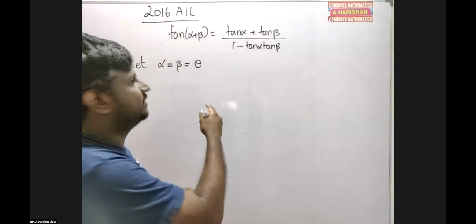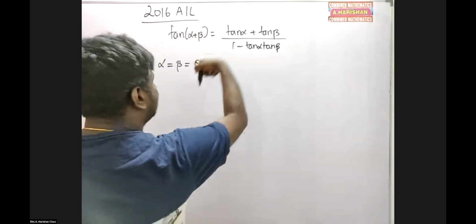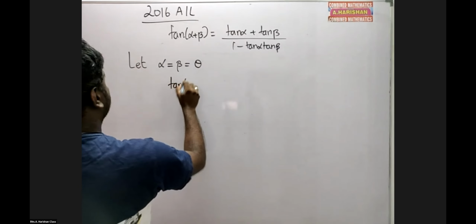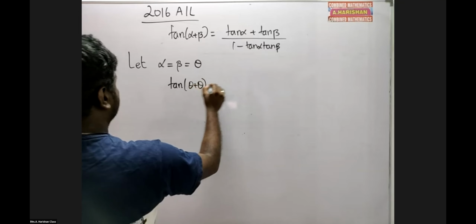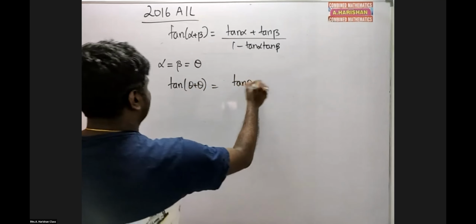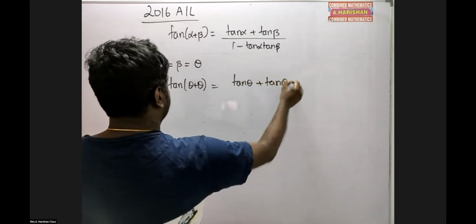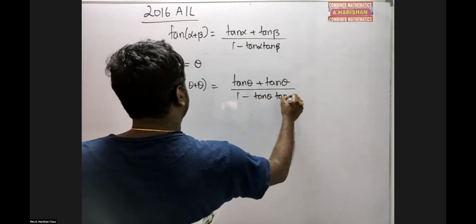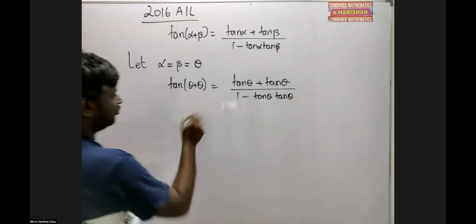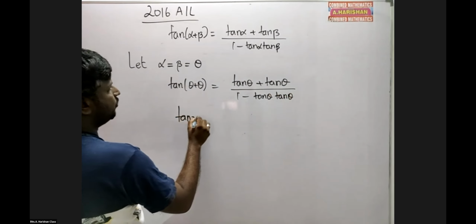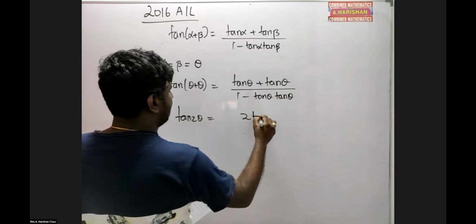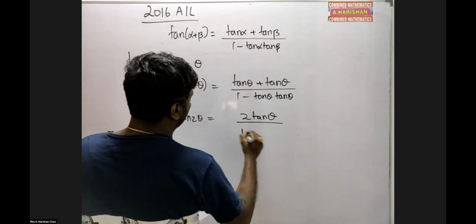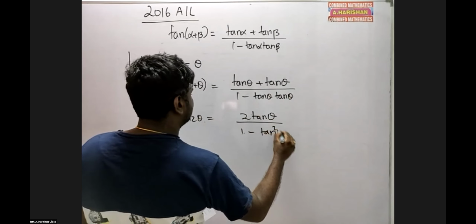I write like this because I'm going to obtain from here. So it's going to be tan theta plus tan theta for me, because tan beta also tan theta. Here 1 minus tan theta into tan theta. Don't put immediately tan square. So next step you can put tan 2 theta equals 2 tan theta over 1 minus tan square theta.